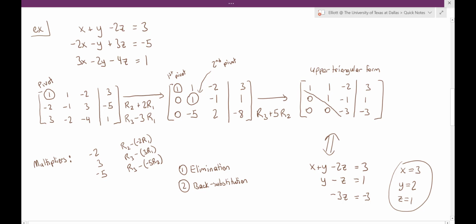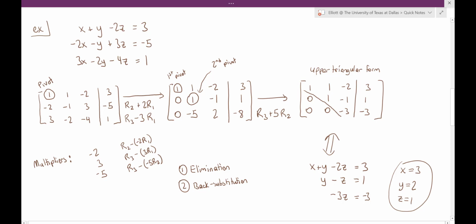Okay, so just wanted to get you guys to understand the procedure. So I'll summarize one more time, and then we'll do more examples, of course. You take your pivot, which is going to be the first entry in the diagonal. Use your pivot to eliminate everything beneath it. Then move to your next pivot. Eliminate everything beneath it.